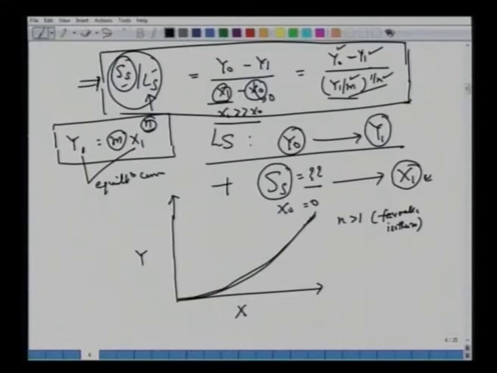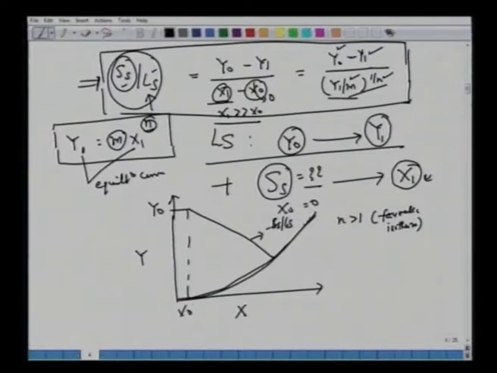Look at the slope of the curve, it's monotonically increasing, a very fast rising curve. That means if you start with y0, at a certain x0, the slope of the curve is like this, which is minus Ls over Ss.